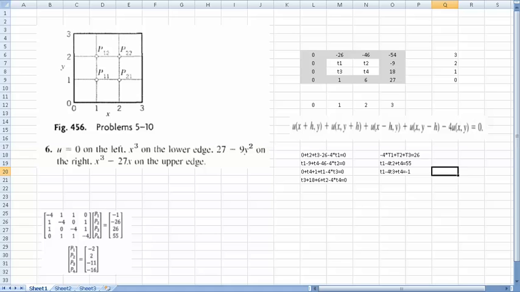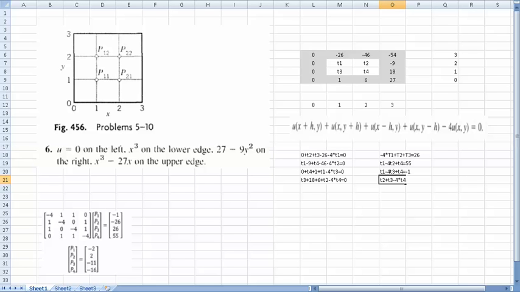Then finally this equation, it doesn't have T1 in it. It's got T2 plus T3. Let me see. T2 plus T3 minus 4 times T4 is going to have the constant term 18 plus 6.